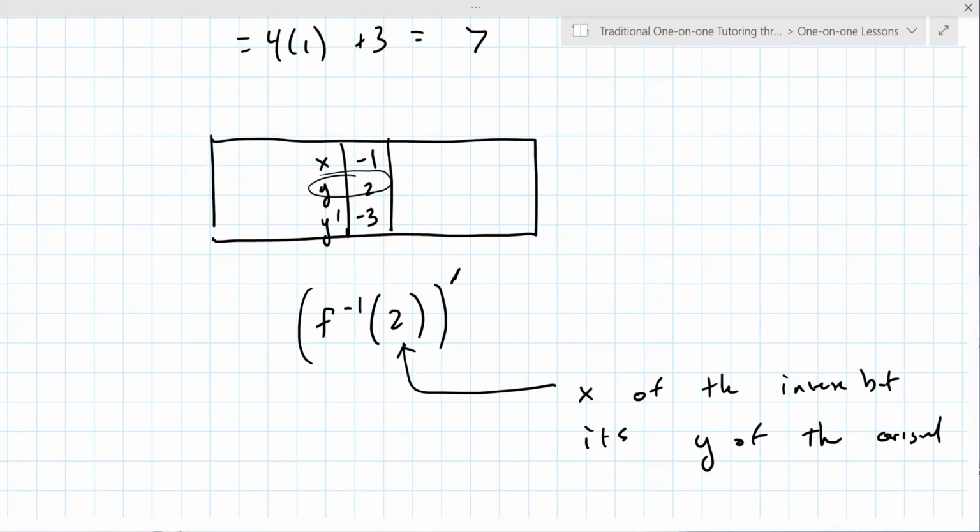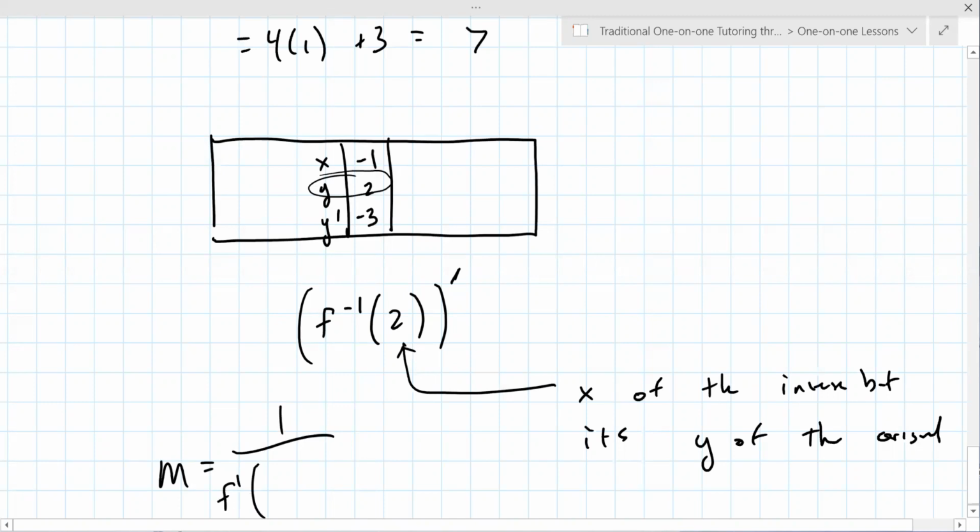Then your slope is 1 over the derivative of the original. Is that 2 your x value or your y value? It's the x of the inverse, but it's y of the original.